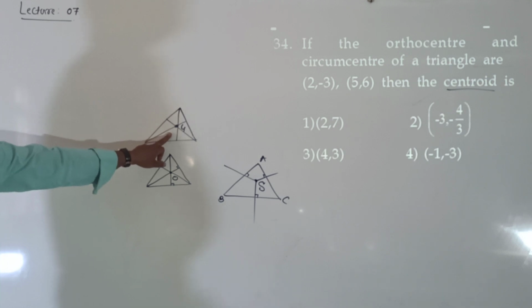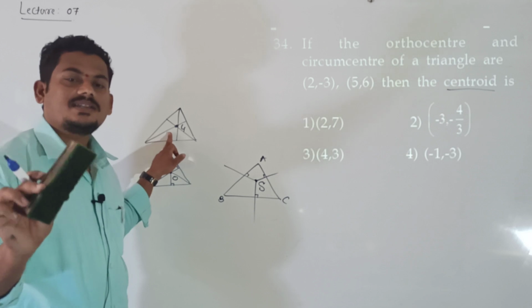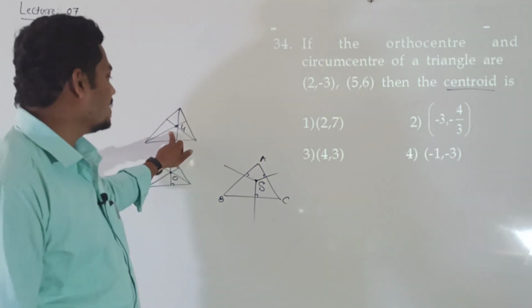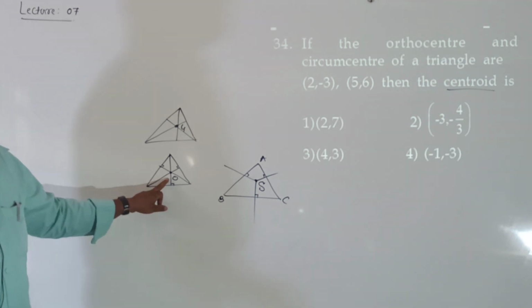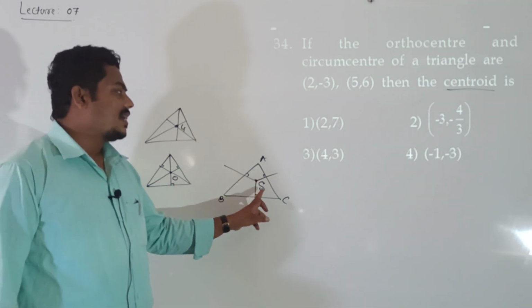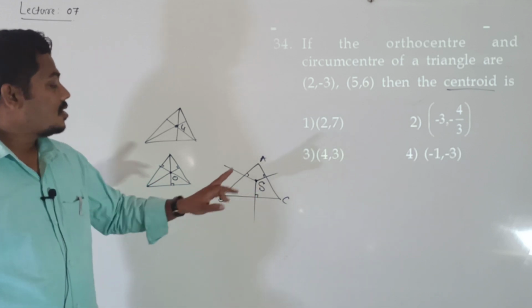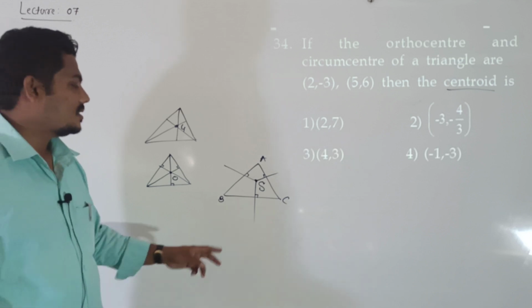What is centroid? Point of intersection of medians of the triangle is known as centroid. Point of intersection of altitudes of the triangle is known as orthocenter. Then what is circumcenter? Point of intersection of perpendicular side bisectors.